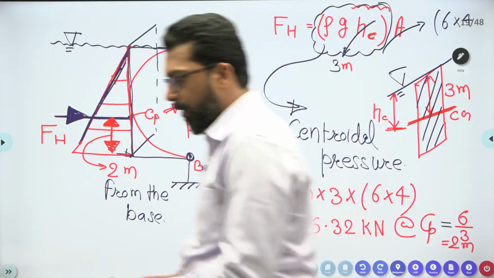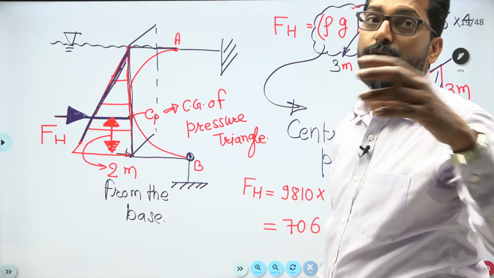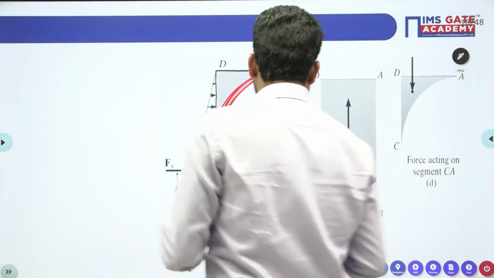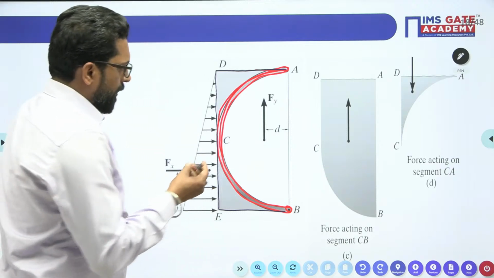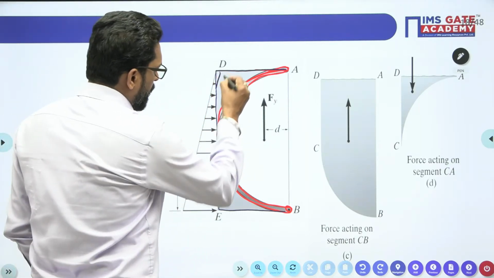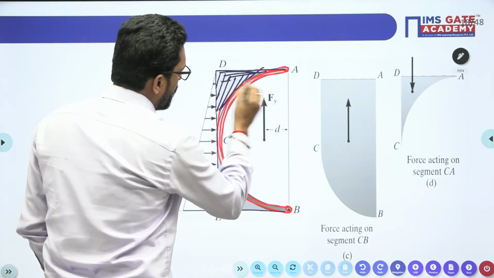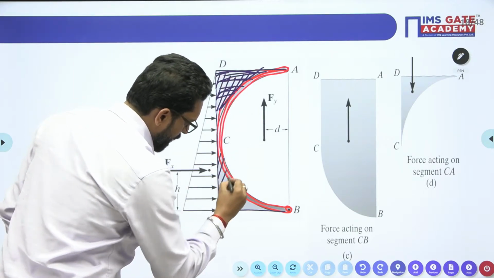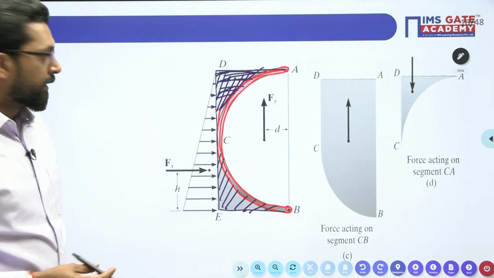Now we calculate the vertical force. See, for calculating the vertical force, this is your top side fluid, and this is your bottom side fluid.